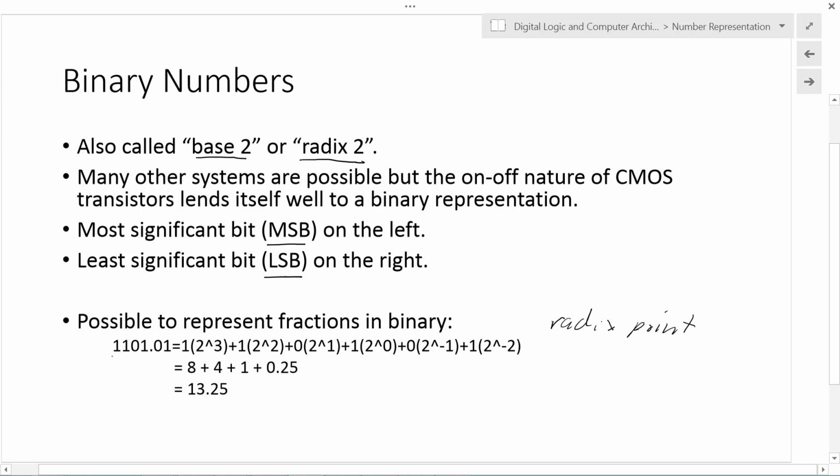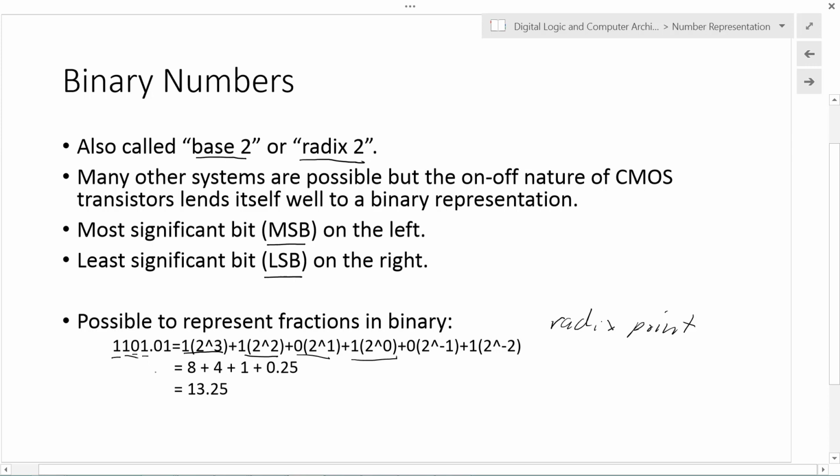So how do we convert this? The way to convert it is similar to the integer representation. We just extend it a little bit. So we have a 4-bit integer and some bits after the radix point. So we say 1 times 2 to the 3 plus 1 times 2 to the power of 2 plus 0 times 2 to the 1 plus 1 times 2 to the 0.